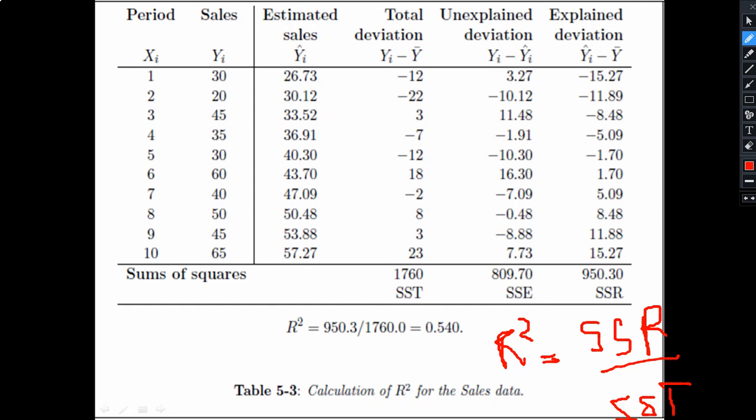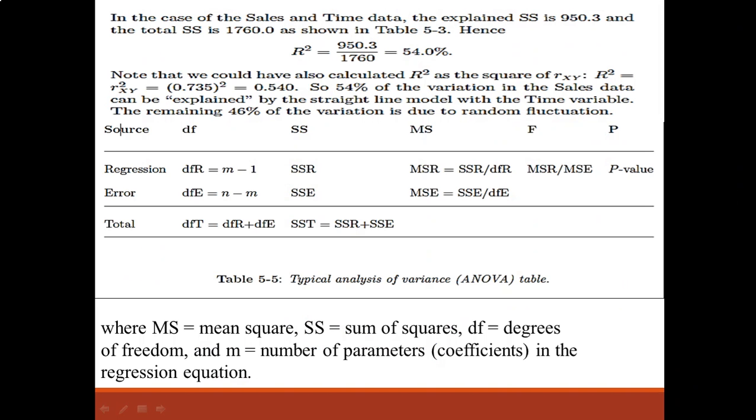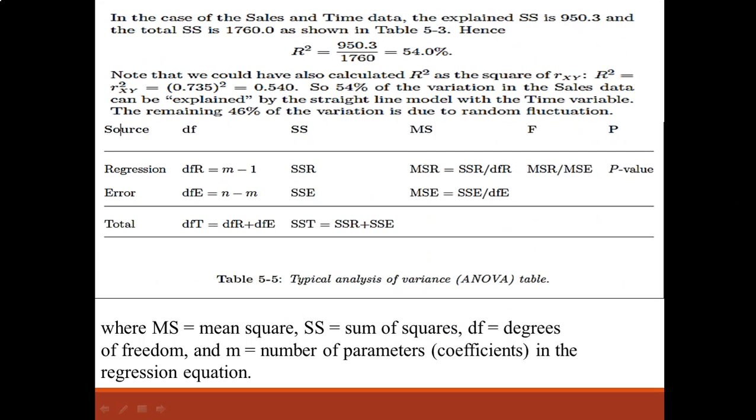So we find r squared by turning to the next point. We find that r square equals 54%.